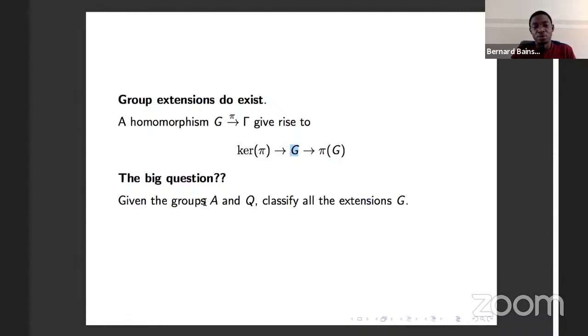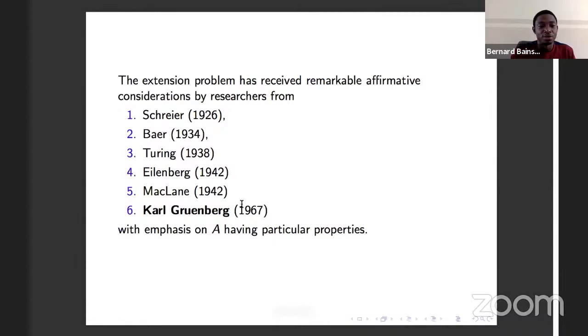So what we want to do, which is a big question that is being considered when we look at extensions of groups in particular, is to look at how to classify all the extensions that we may have. So this is in terms of groups. Relative to this, several people have made remarkable contributions. We can think of Schreier in 1926, Baer in 1934, Eilenberg, and then MacLane.